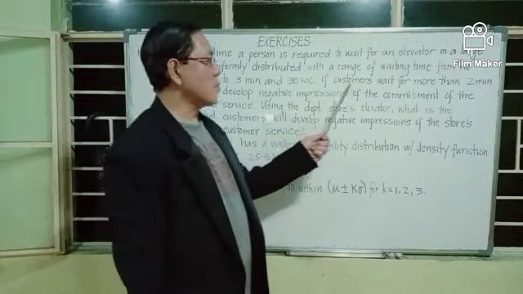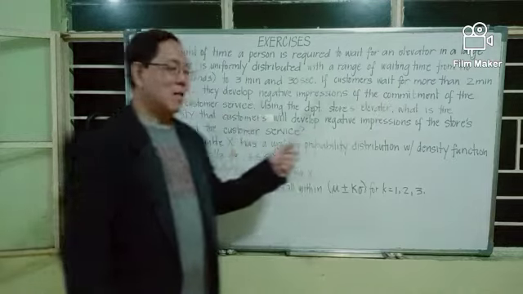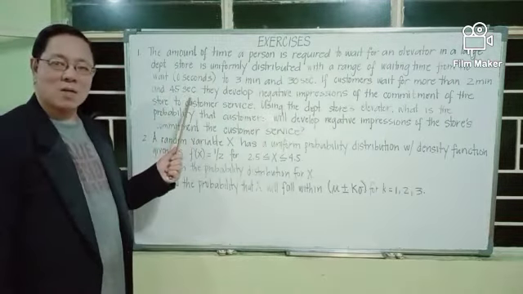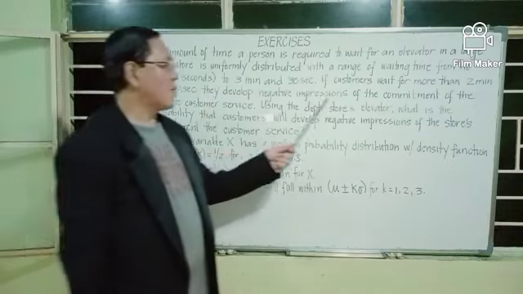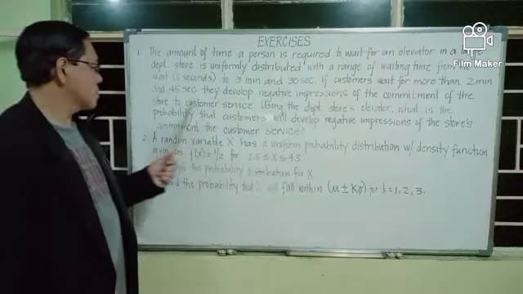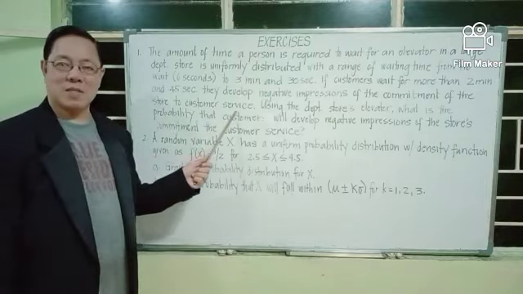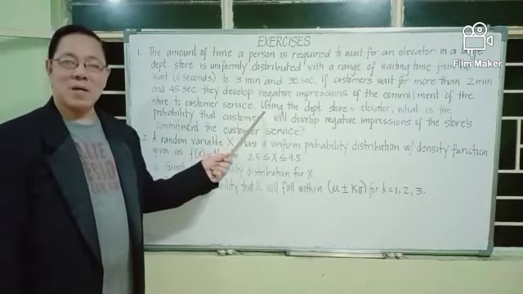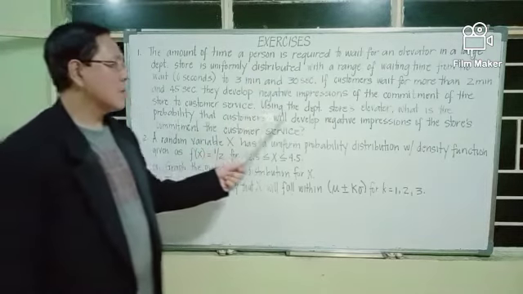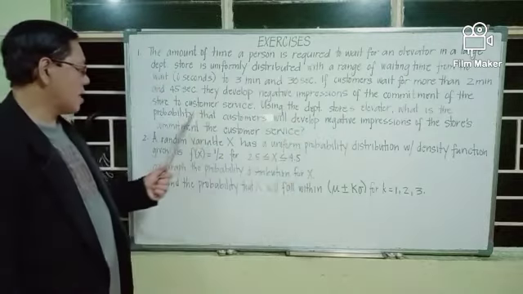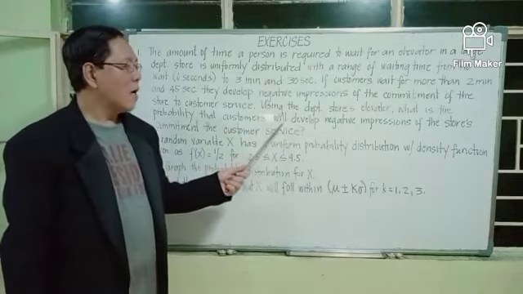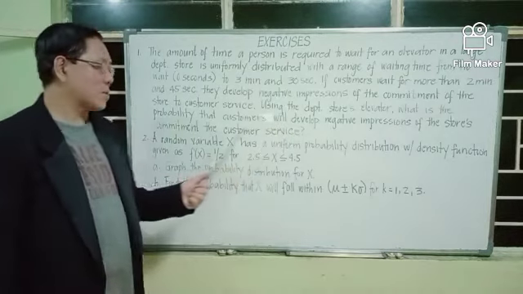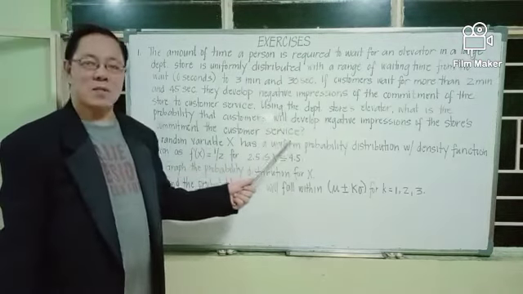If customers wait for more than 2 minutes and 45 seconds, they develop negative impressions of the commitment of the store to customer service. Using the department store's elevator, what is the probability that customers will develop negative impressions of the store's commitment to customer service?